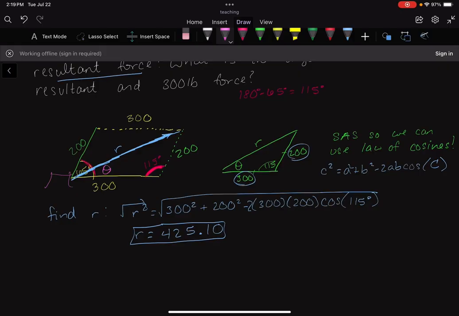Now you're welcome to use law of sines to find this because we do have a fully developed ratio. So you can use law of sines if you would like, or you can stick with law of cosines. It's completely up to you. I always think it's good to exercise caution when switching to law of sines, just because sometimes you end up with the wrong thing.